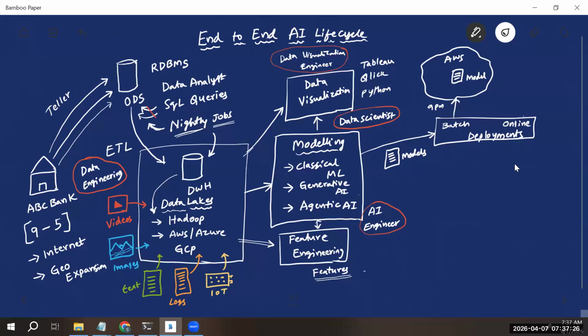Similarly, the online mode is much easier because it creates an API, a REST API, and the REST API will be triggered from, say, a mobile or a web application. So there is a web portal, like abcbank.com, that is triggering the API.